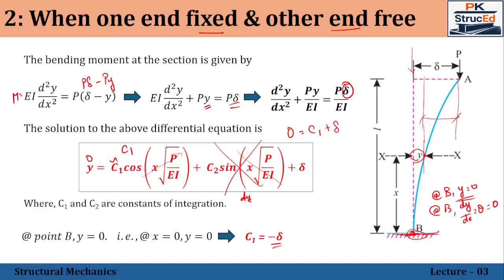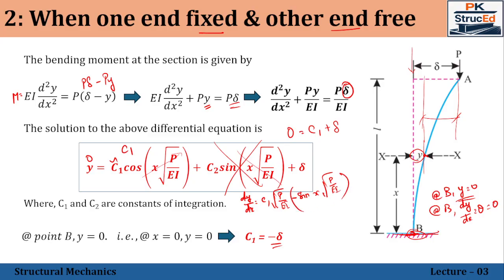So dy by dx will be equal to, keeping the c1 as such, c1, and then whatever is available in the bracket, that has to be taken outside, that is root over P by EI. And cos of anything, differentiation will get a minus sign, that is minus sin x root over P by EI.